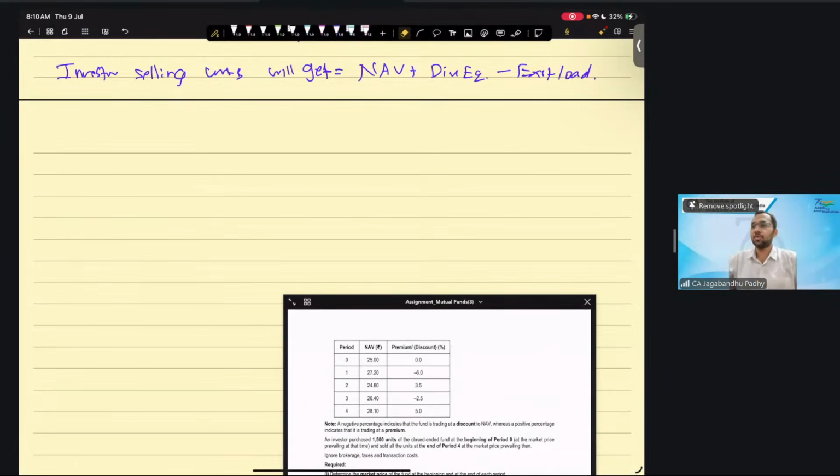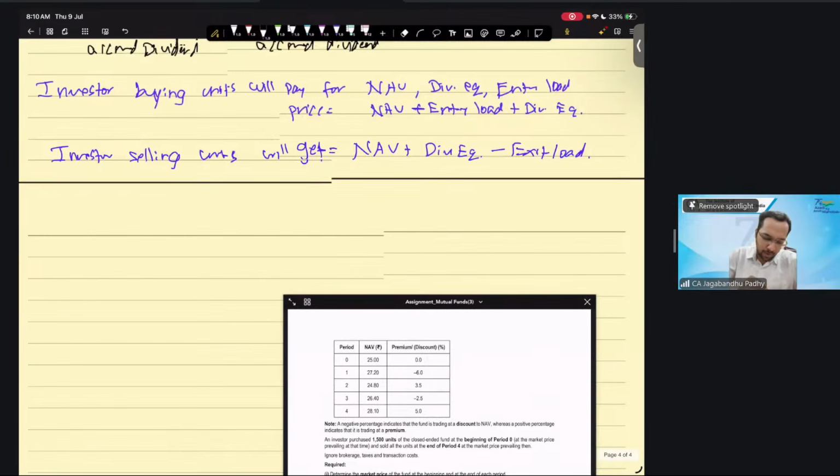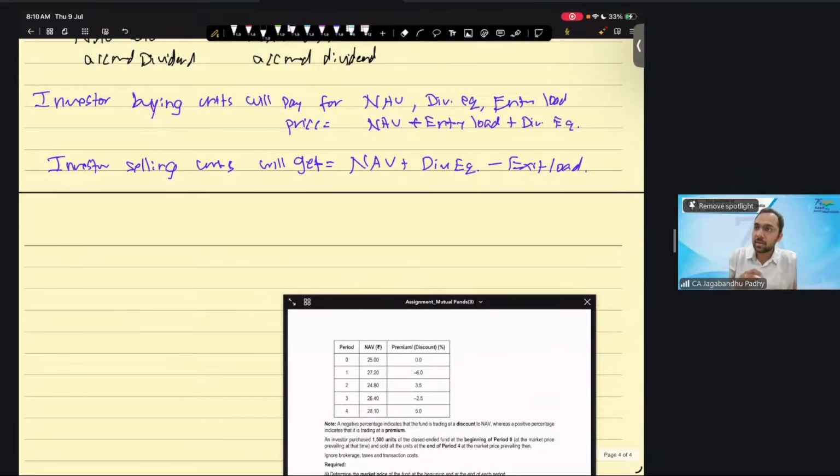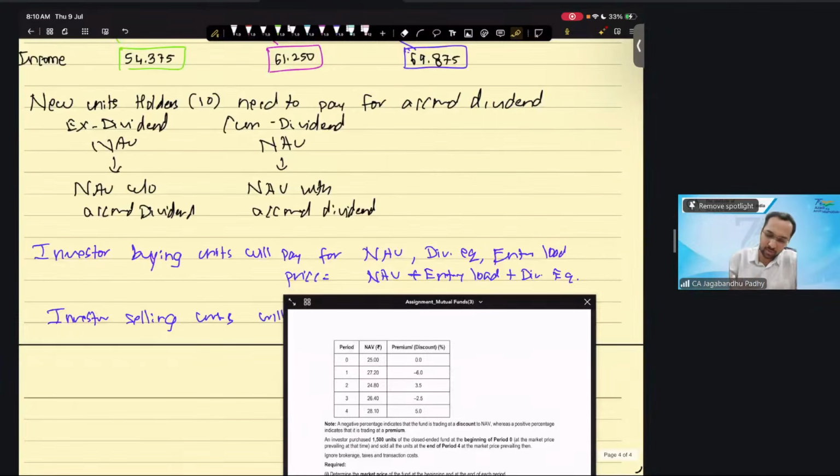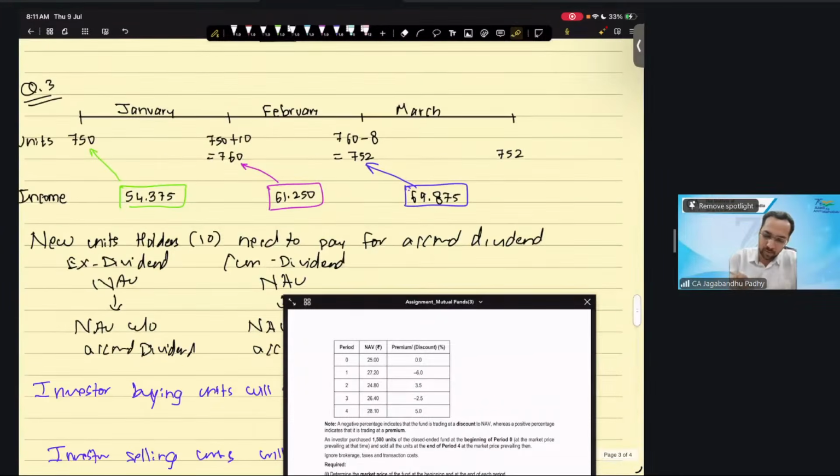We will say income available for distribution. Dividend equalization, why added in case of, because dividend equalization needs to be paid to you, right? When you're selling the units, there is an income which has accrued on the units. So you need to compensate your investor with that, right? So for example, the investor who's taking an exit over here has already invested for 2 months. So he is definitely entitled to both these dividends.